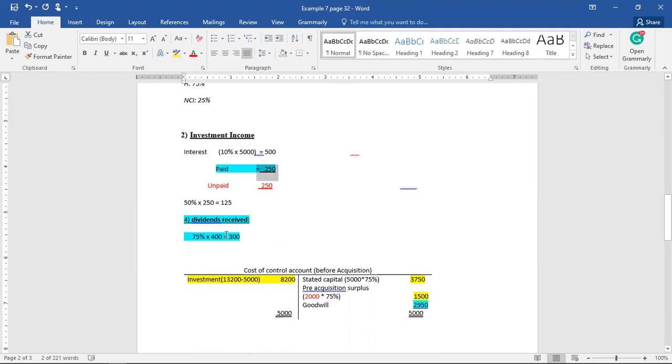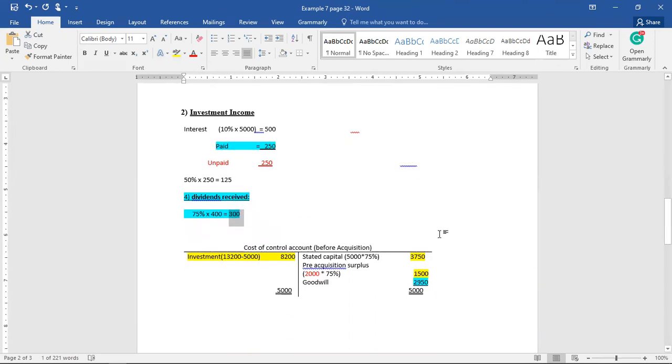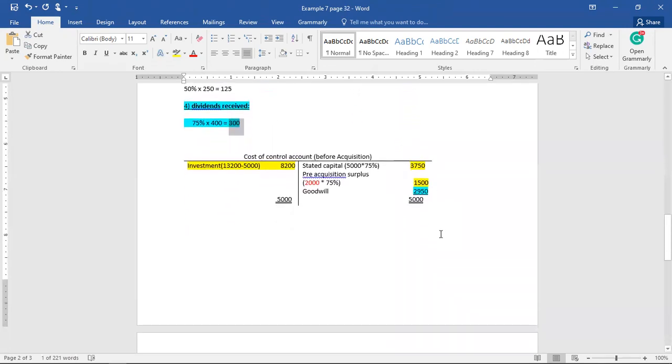Then 300 of the dividend becomes that of the parent's own, and the total investment income from the subsidiary due to the parent is 425. That's 125 of the interest and 300 of the dividend.